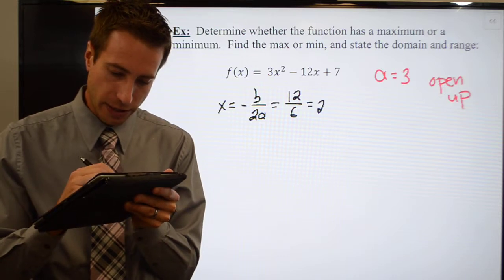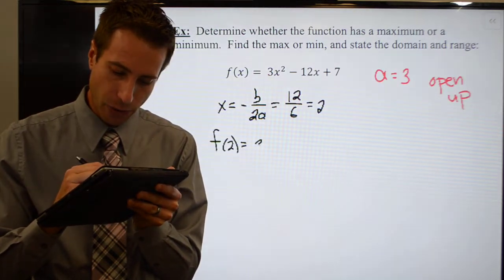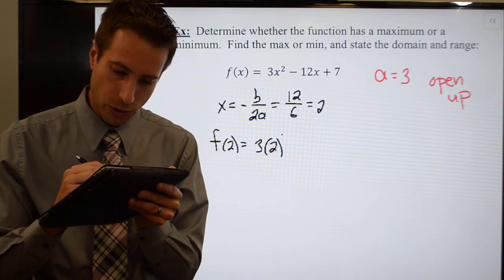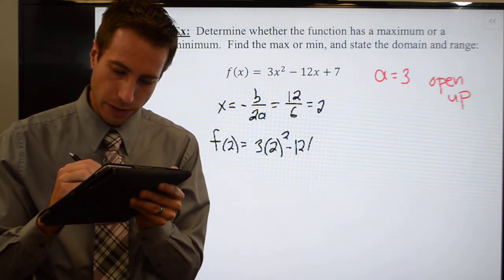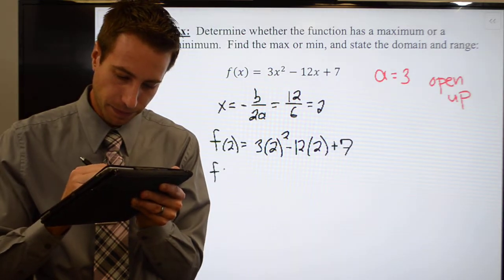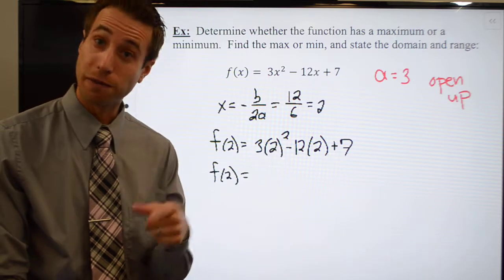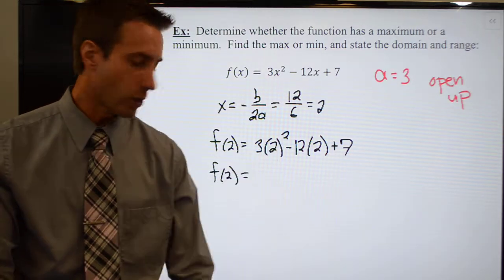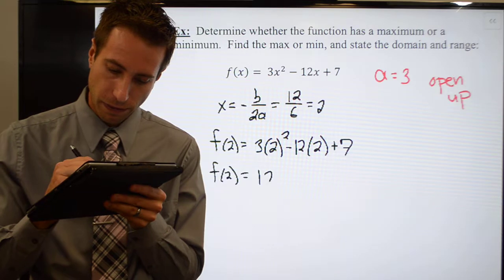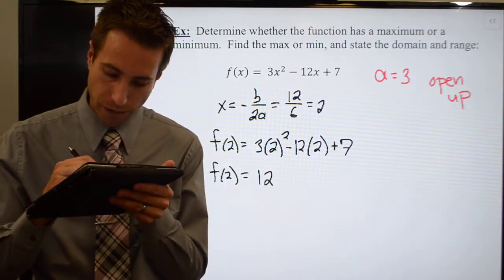Let's go ahead and find the vertex then by doing f of 2, which means I'm going to have 3 times 2 squared minus 12 times 2 plus 7. I think we can do this in our heads. 2 squared is 4. 4 times 3 would be a +12. -12 times 2 would be a -24.